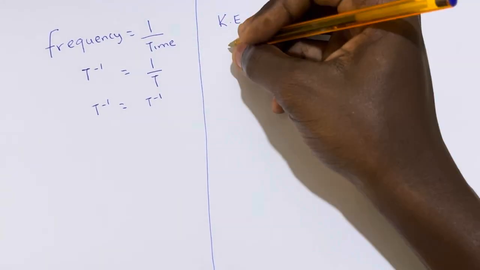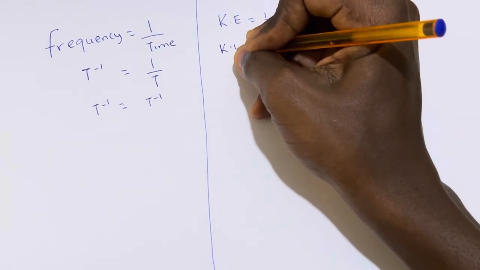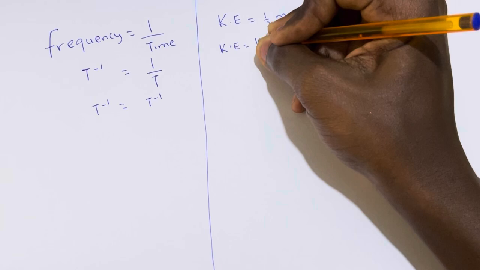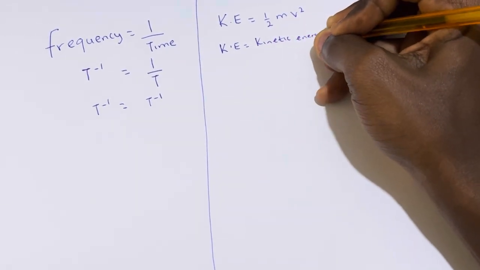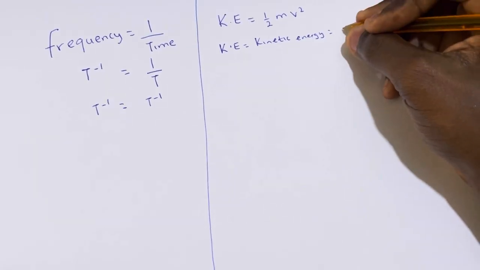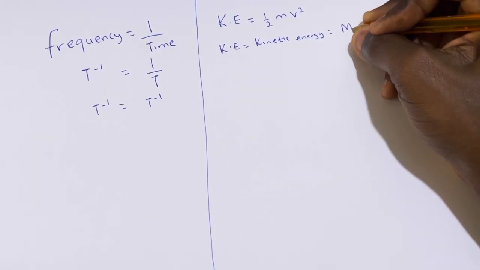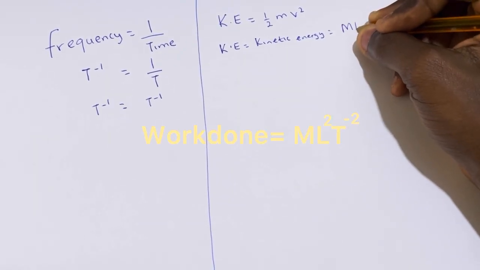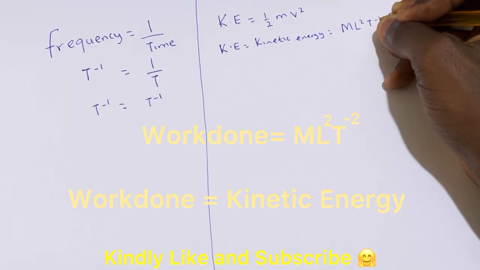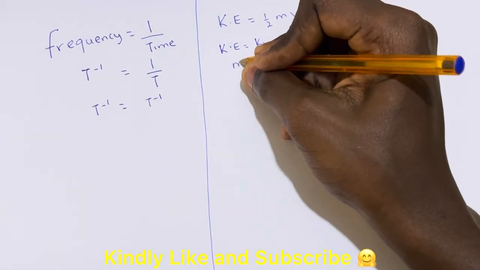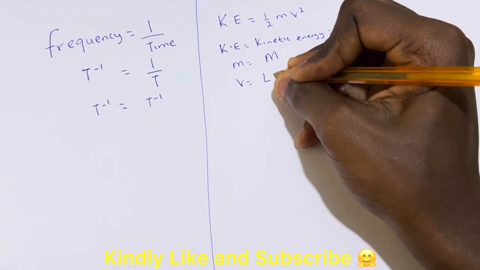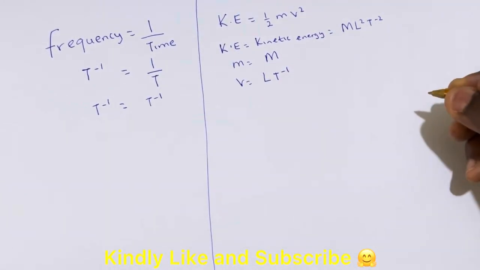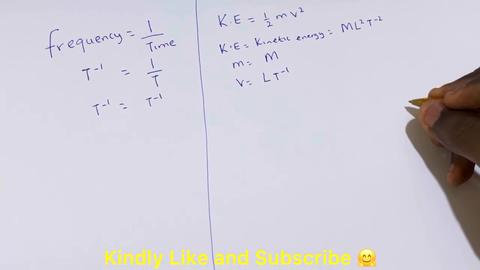Pause the video and check whether this is dimensionally right or not. By so doing, know that the dimensional analysis for KE, that is the kinetic energy, equals M L^2 T^-2, and mass here is M, V is what? L T^-1 from the previous explanation I gave.